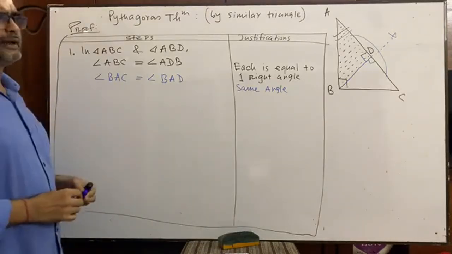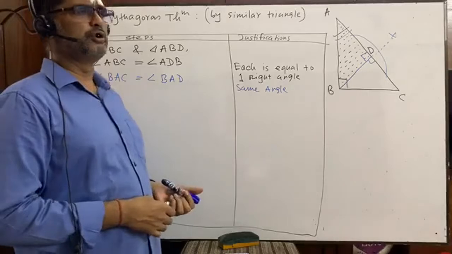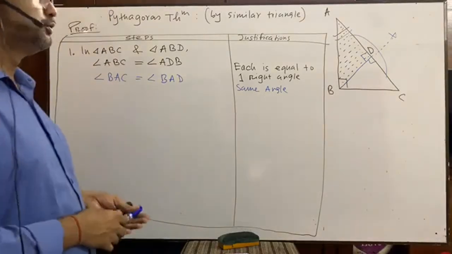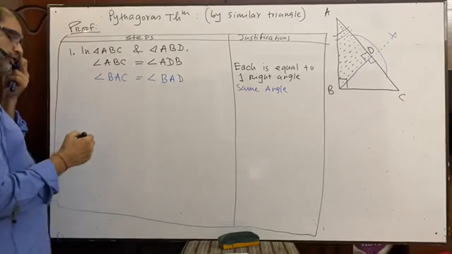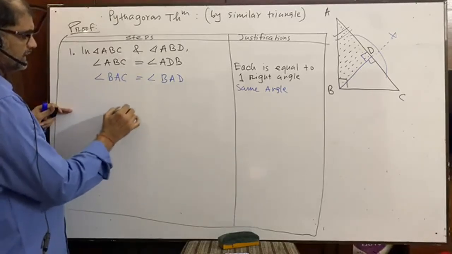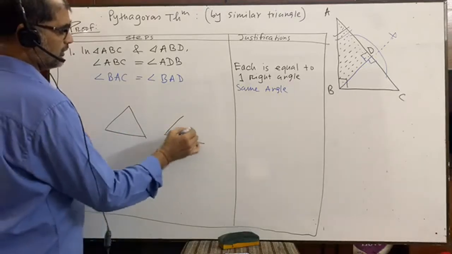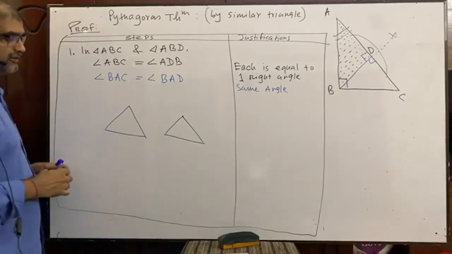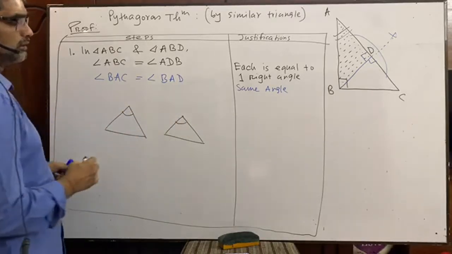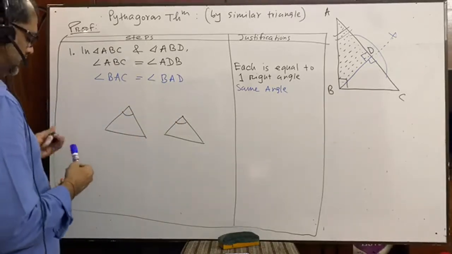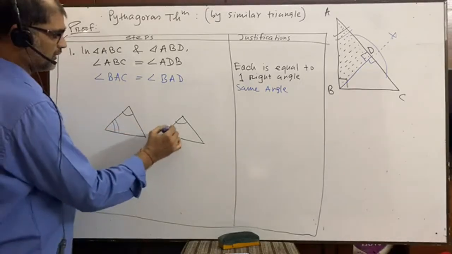In class 7, perhaps you were taught by your teachers, and it is also given in your book. Suppose this is a triangle and this is a triangle. It is told that this angle and this angle are equal, and it is also told that this angle and this angle are equal.